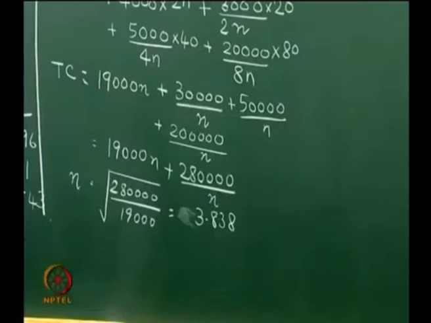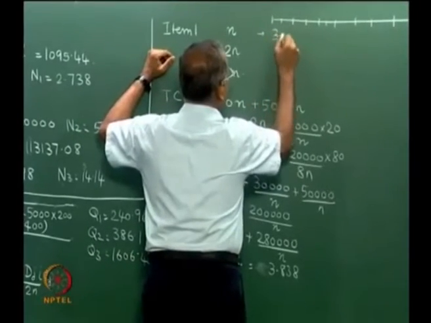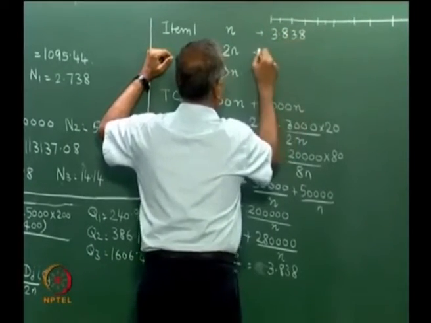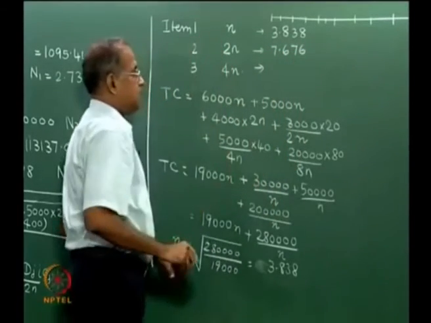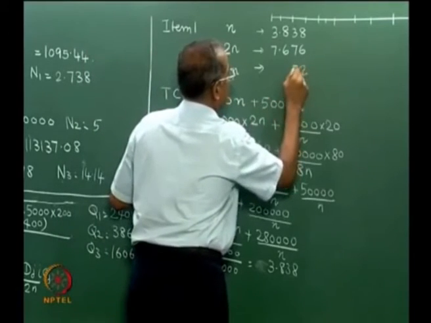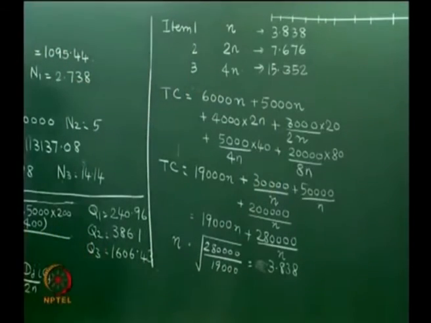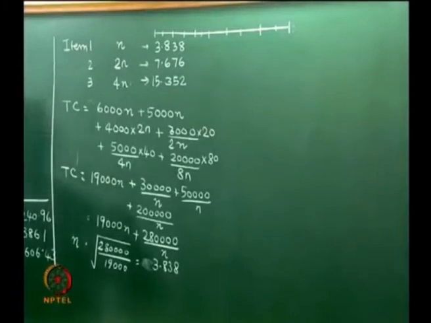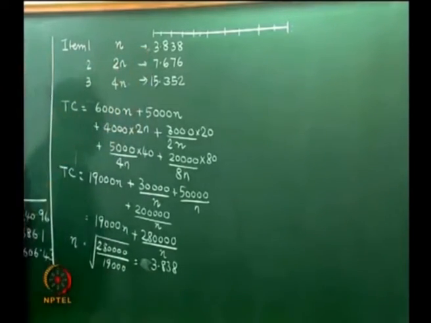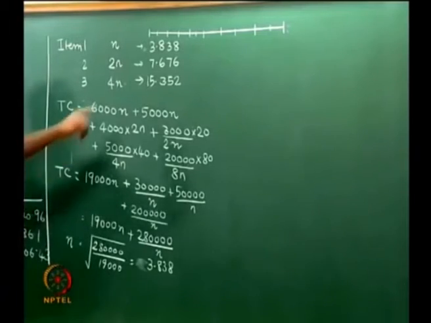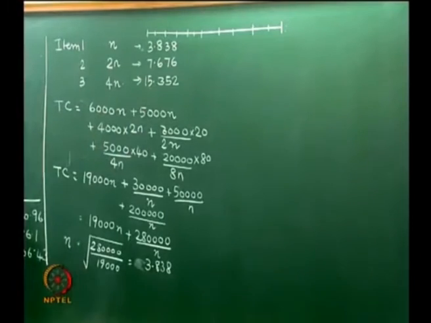Now this means item 1 will have 3.838 orders, item 2 will have 7.676 orders, and this will get 15.352 orders. So the order quantity for this will be 3000 divided by 3.838, which is roughly a little less than 1000. This will be 5000 divided by 7.676, 20,000 divided by 15.352.